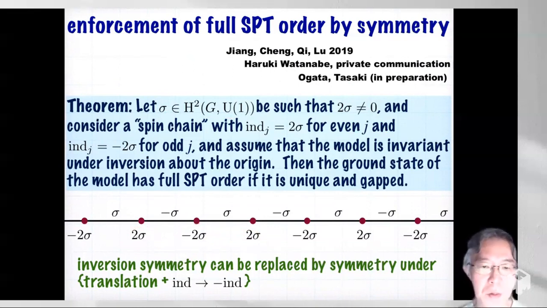Then we find that the Ogata indices must be sigma, minus sigma, sigma, minus sigma. So we have full SPT order. Here's a minor remark. You can replace this assumption with something else.